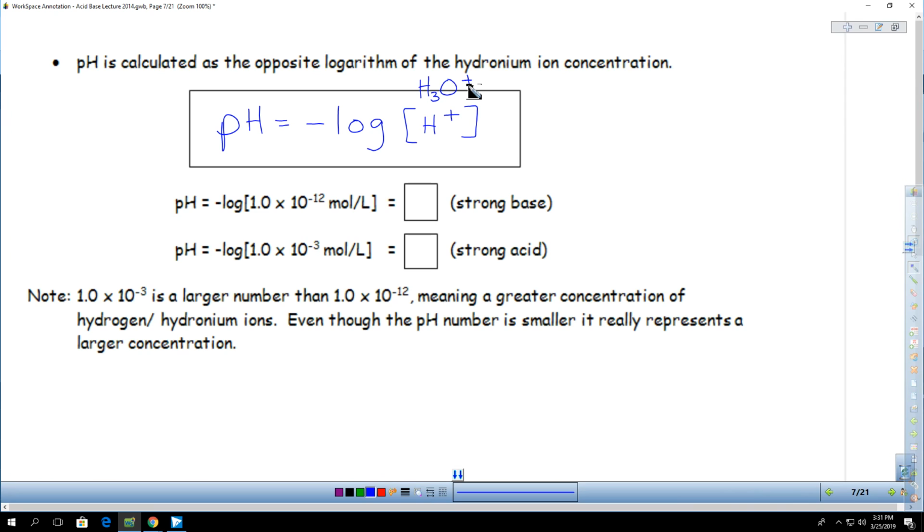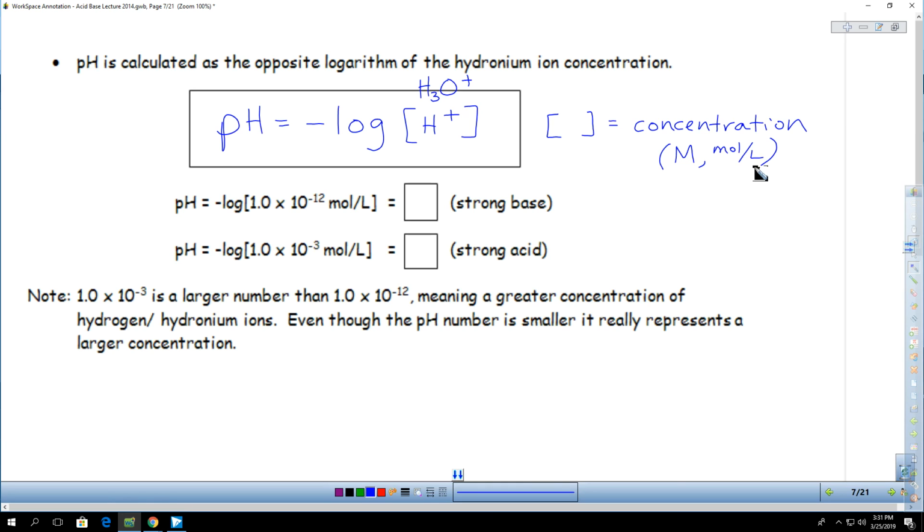And whenever we see something in brackets, that means concentration, which for solutions we're going to measure as big M molarity, or maybe they'll just write moles per liter.